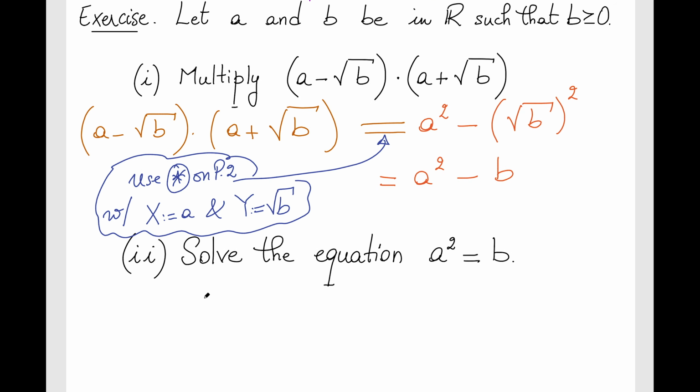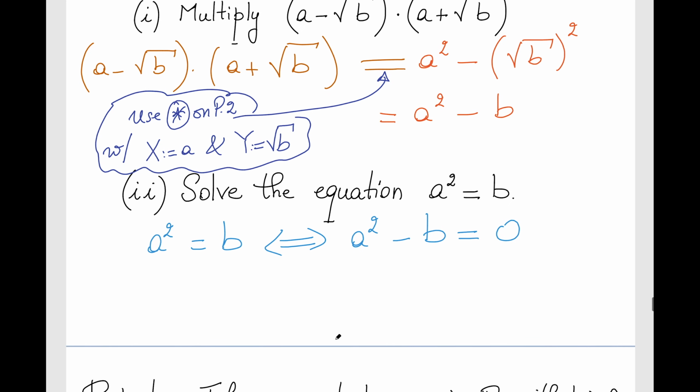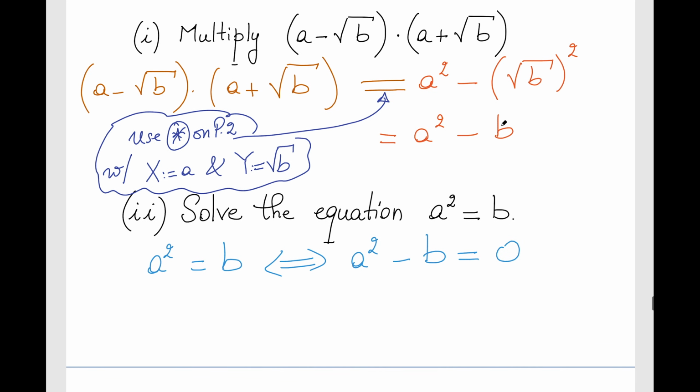Okay. So we wanna solve a squared equals b. Well, that's the same thing as a squared minus b equals 0, right? That's the same thing as a squared minus b equals 0. And in part 1, what did we just find?